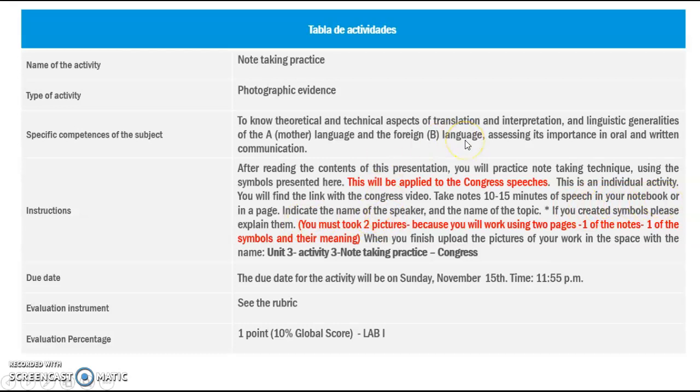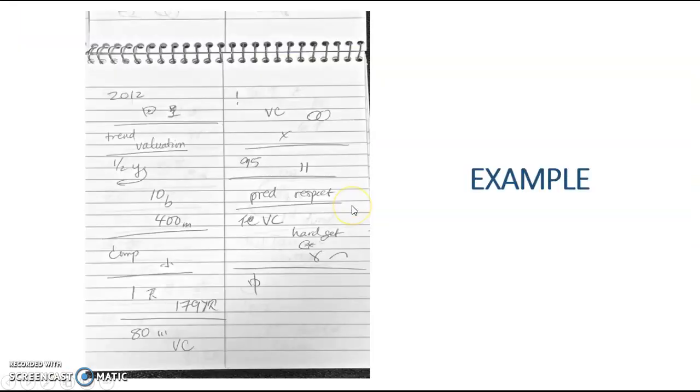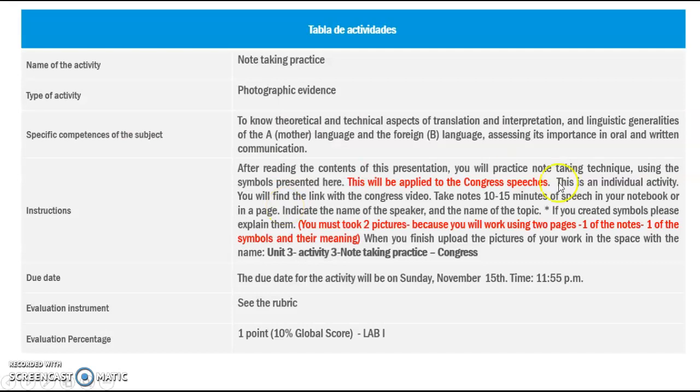And okay, you are listening to the person and you are representing the message by using different abbreviations and symbols. And you are going to do it in this way, like this, right? You are starting on just one side of the page.